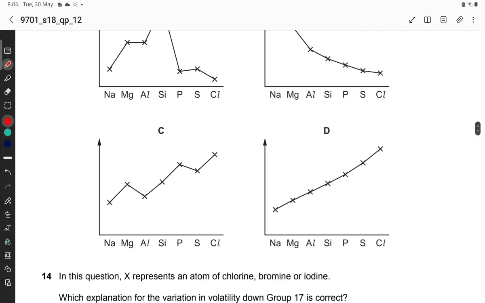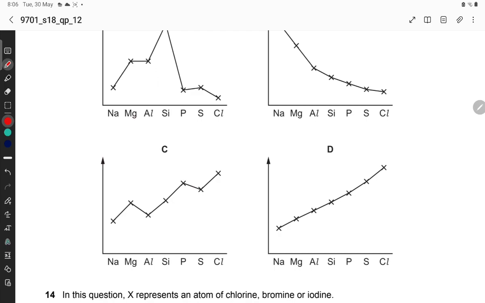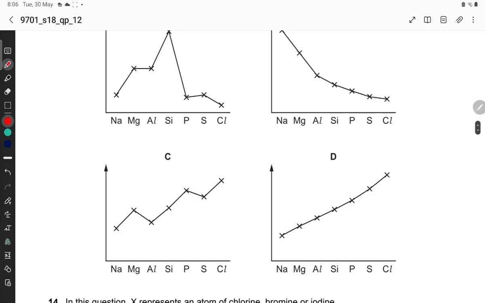Electronegativity is the tendency of an atom to attract a shared pair of electrons towards itself. For example, when hydrogen and fluorine make a bond, fluorine is more electronegative, so the pair will be attracted towards fluorine. That's why fluorine becomes partial negative and hydrogen becomes partial positive.